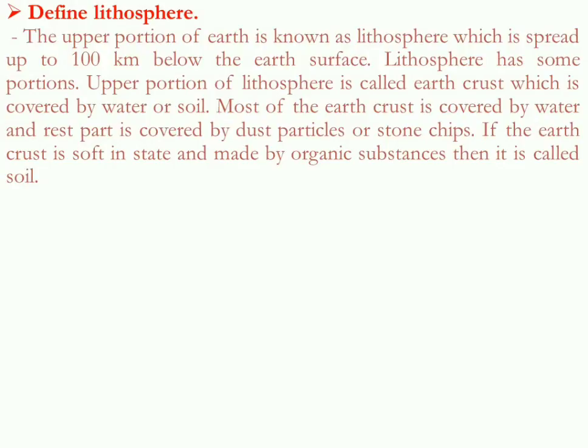The upper portion of the lithosphere is called the earth crust, which is covered by soil or water. As our earth has 70% water, most of the earth crust is covered by water, and the rest is covered by dust particles or stone chips.